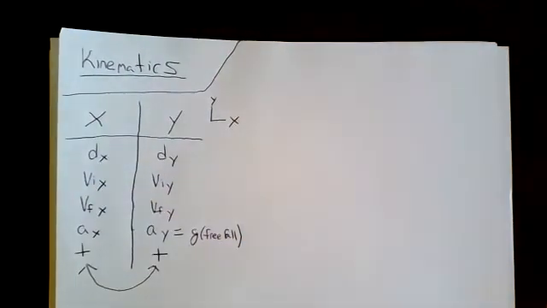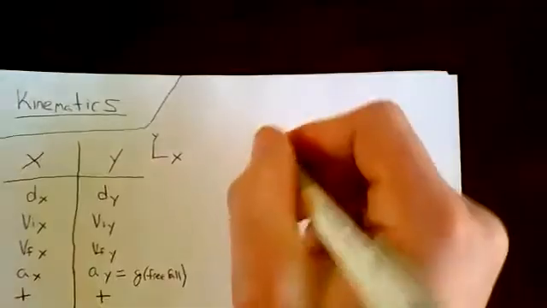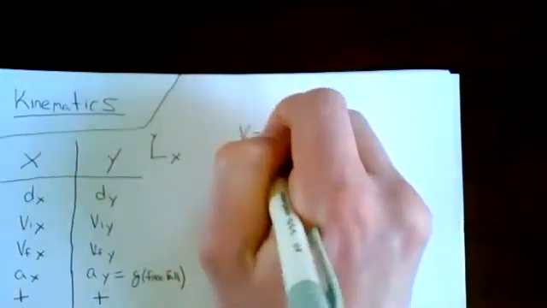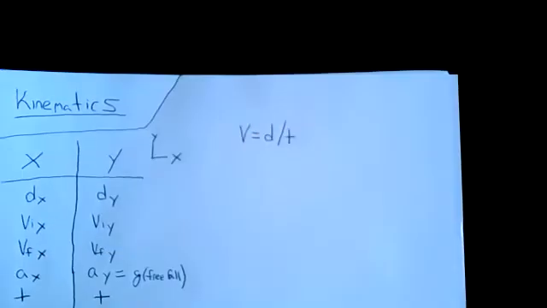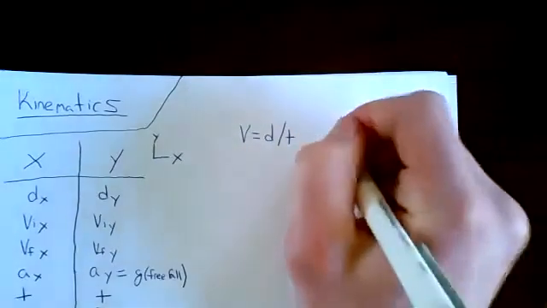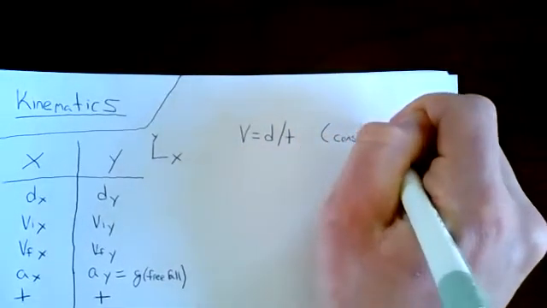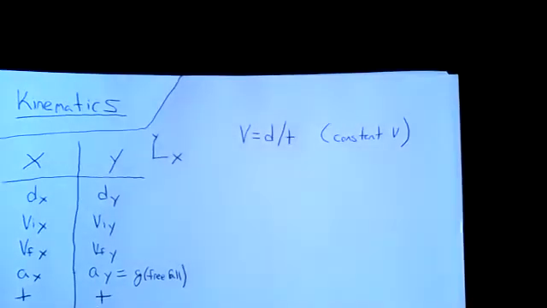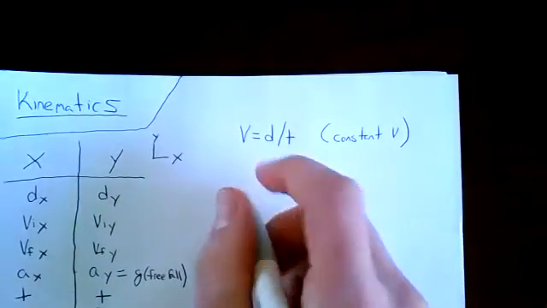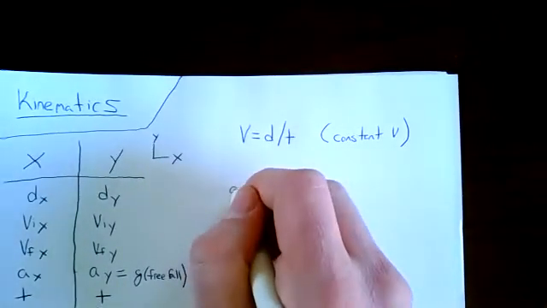Awesome. Of course, there are a few kinematics equations that you should be aware of. v equals d divided by t: velocity equals displacement divided by time, but only when you have a constant velocity. Then there are your constant acceleration equations.